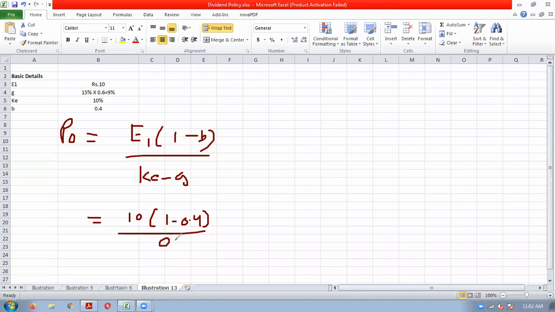KE is 10%, minus G is 9%, so you can solve this and get the answer. We get P0 = (1 minus 0.4) into 10 divided by 0.01. So the market price is 600 rupees per share.